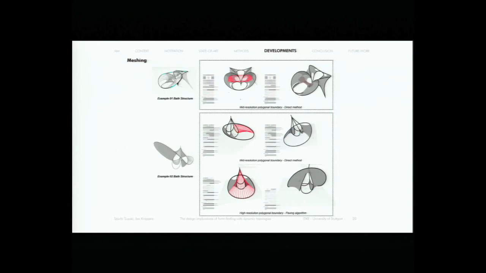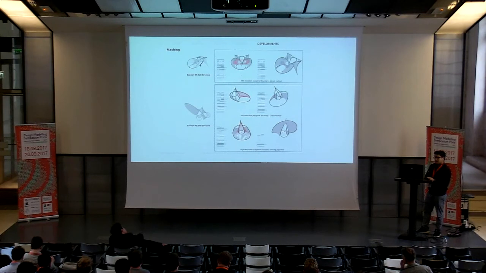In this case, the boundary conditions are defined with different levels of constraints, which is mainly determined by the number of fixed nodes on the polygonal boundary from where the meshing process starts. For unconstrained conditions, where a minimum number of fixed nodes are on the polygonal boundary, we use a Catmull-Clark subdivision process.